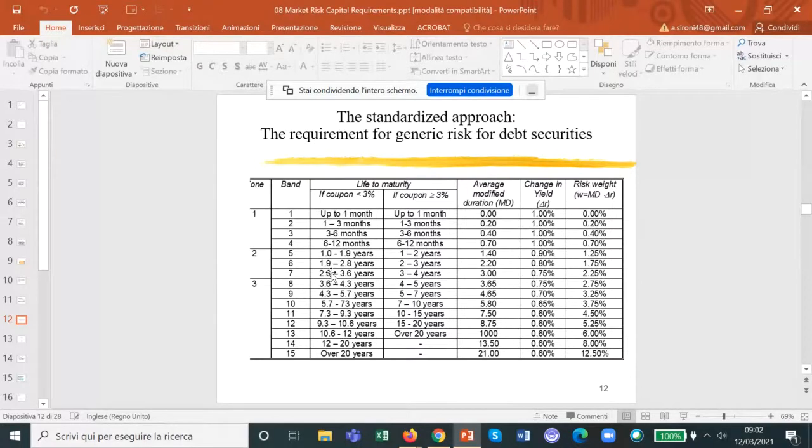And there are, let's say, non-compensability factors for each zone, okay? Which is a bit complex, but I don't want to go into the details because it's not so relevant. The only thing I wanted to show you is that the standard approach for generic risk for debt securities very much resembles the underlying logic of a parametric value at risk, okay?